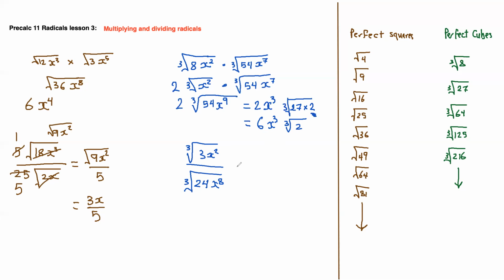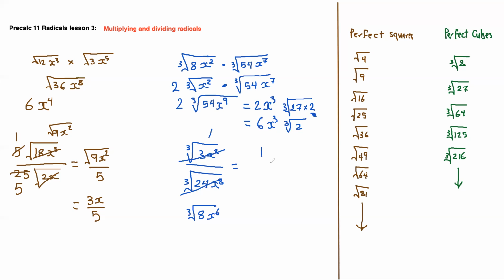Final answer. We're going to move on to the next example, dividing cube roots. The best thing is to reduce here. So you divide this by itself, it gives you 1. You divide this by the cube root of 3x squared, it gives you the cube root of 8x to the 6.